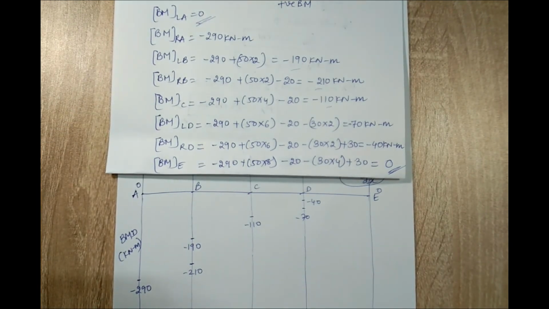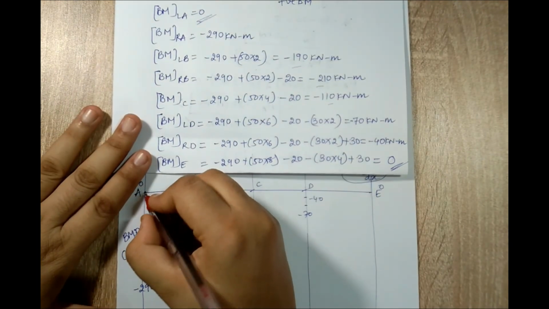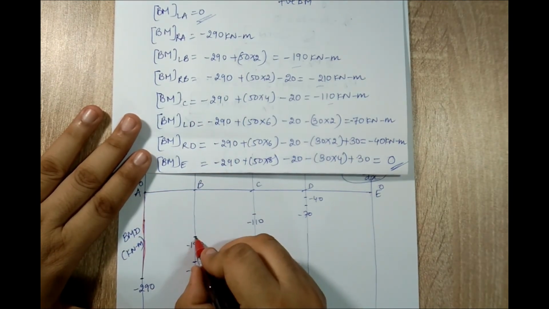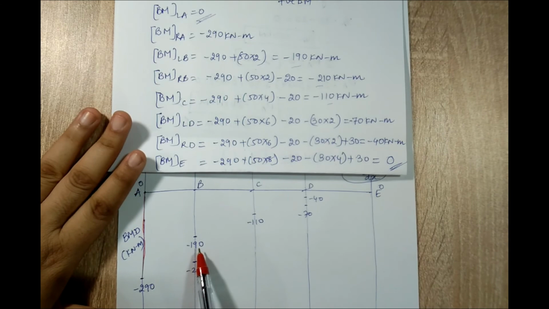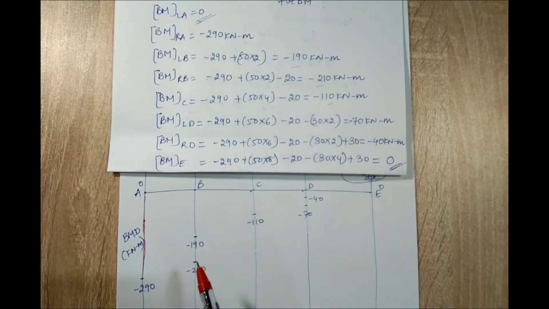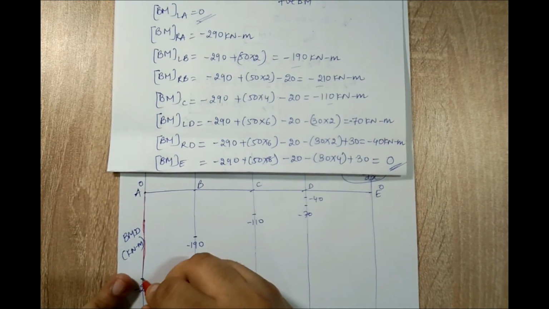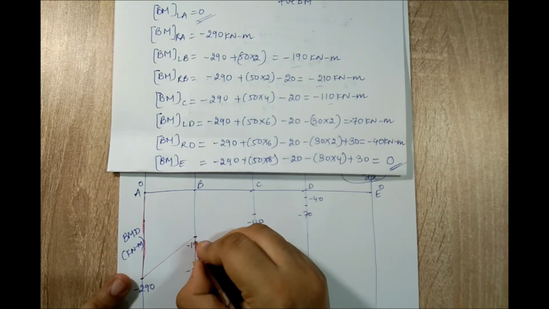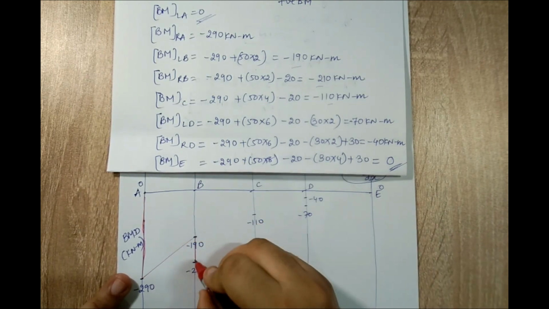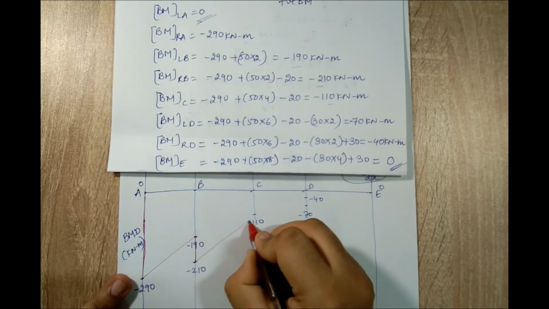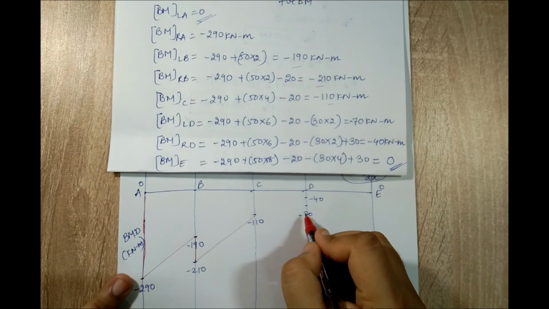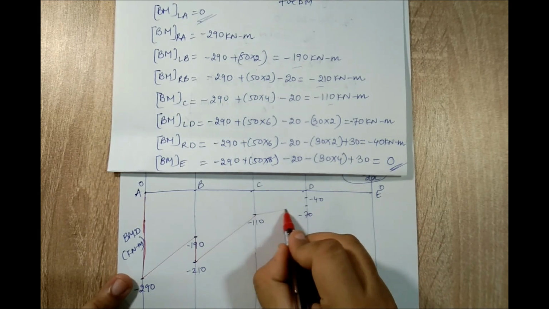So I'll start joining the points. Left of A, right of A. I have left of B. So first I'll join minus 290 to minus 190 with a straight line. So I'll draw a straight line here. Left of B, from here I'll go to right of B. From here I'll go to bending moment at C. Then I'll go to the bending moment at left of D, which is minus 70.